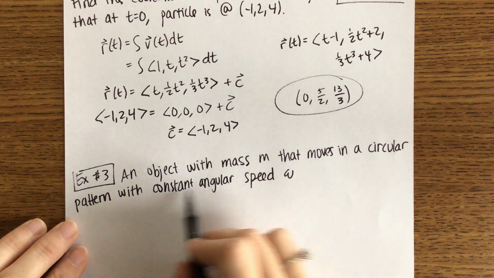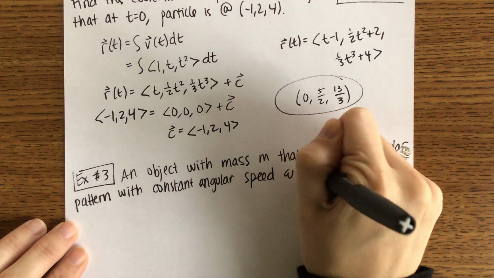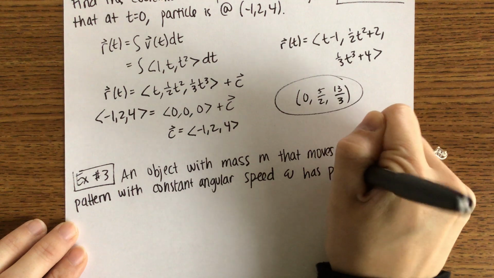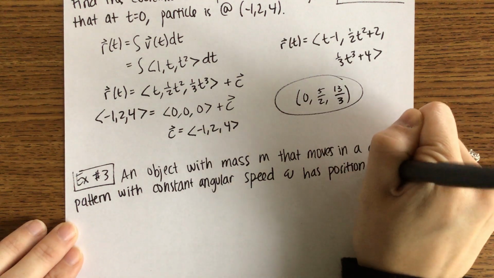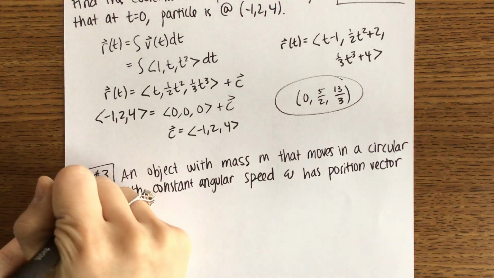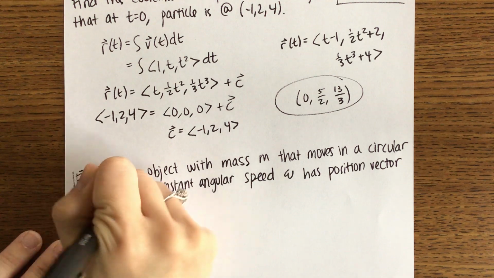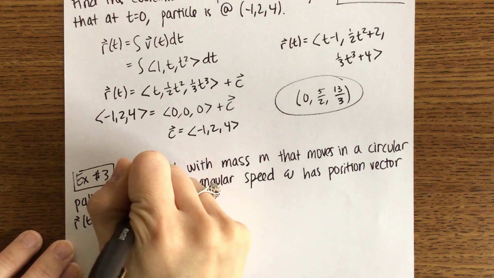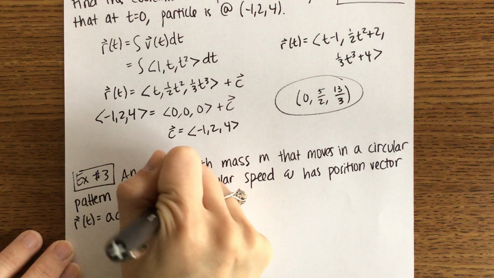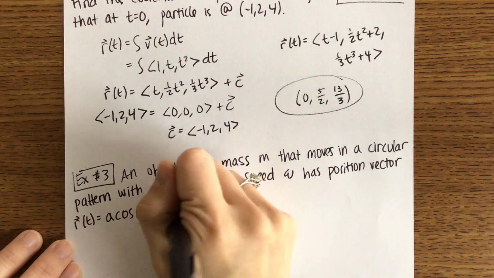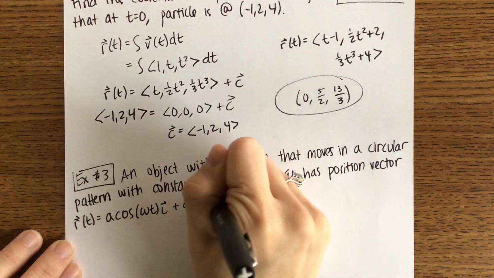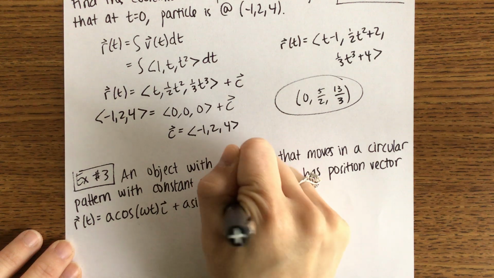So constant angular speed omega has position vector r of t equals a cosine of omega t times i, plus a sine of omega t times j.